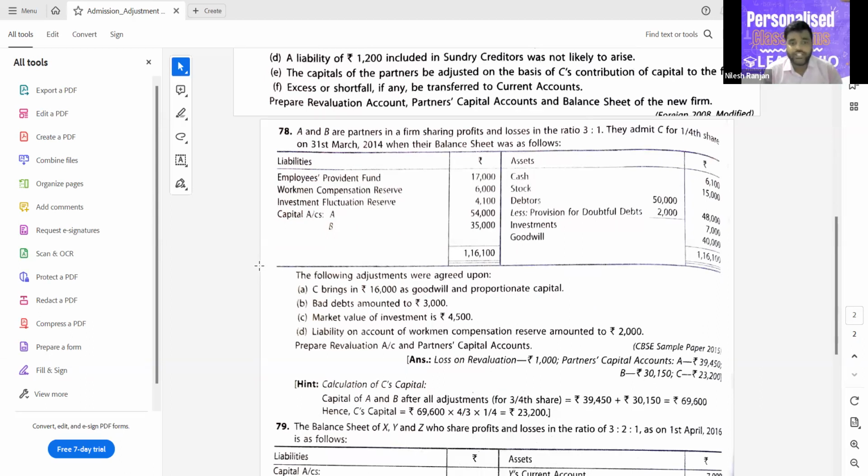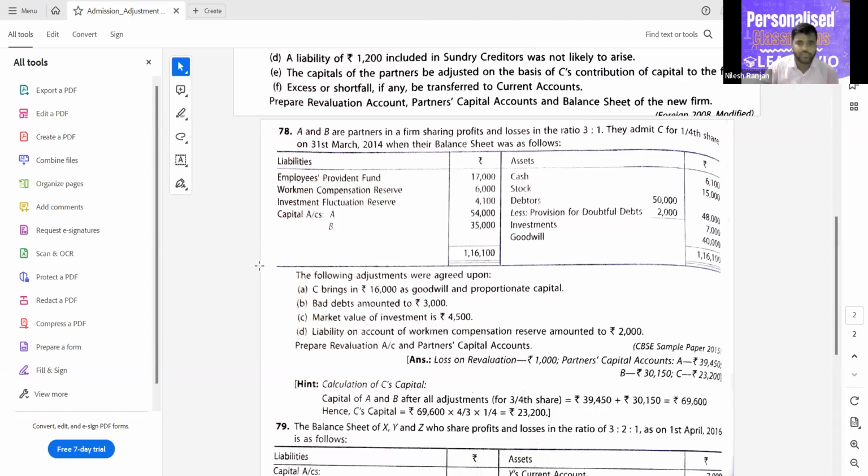The following adjustments were agreed upon. C brings in 16,000 as goodwill and proportionate capital. Bad debts amounted to 3,000. Market value of investment is 4,500. Liability on account of workman compensation reserve amounted to 2,000. Now prepare the revaluation account, and there is nothing written here to adjust capital.